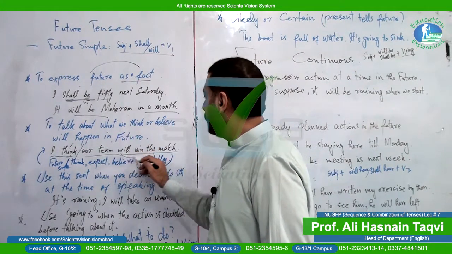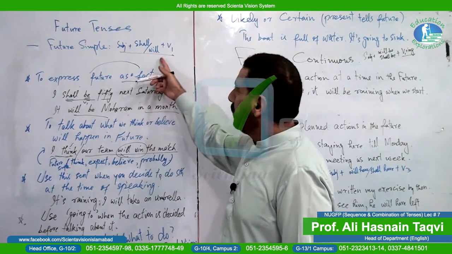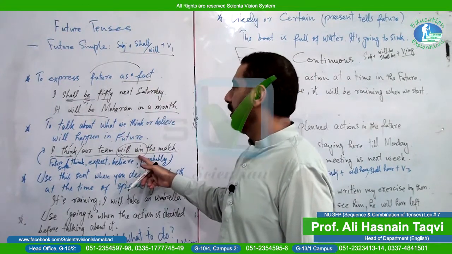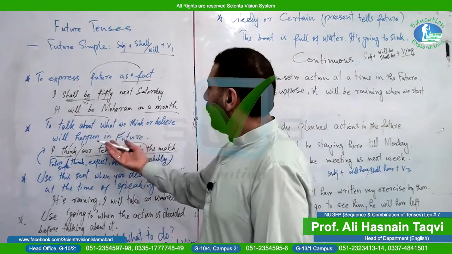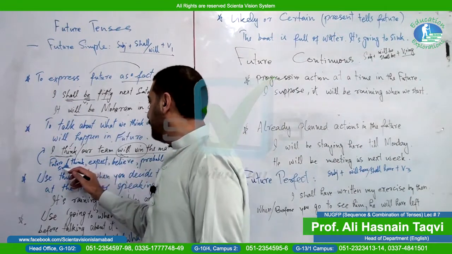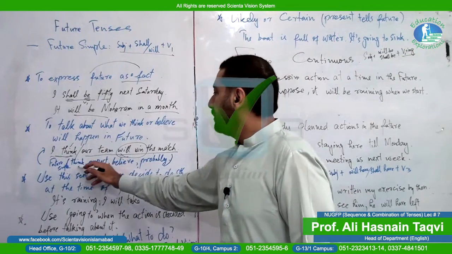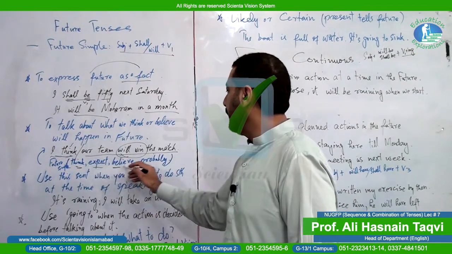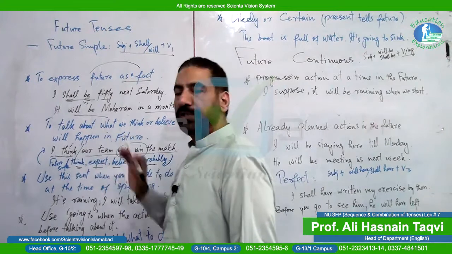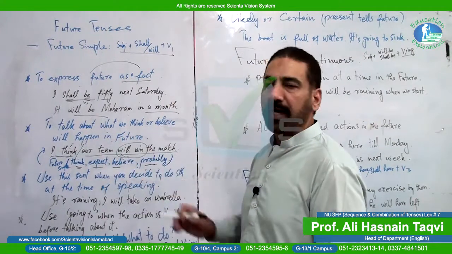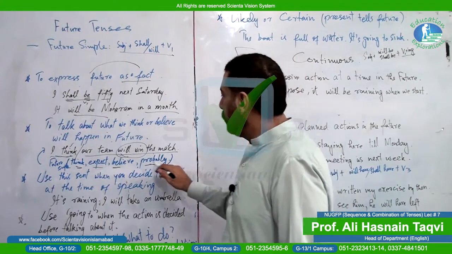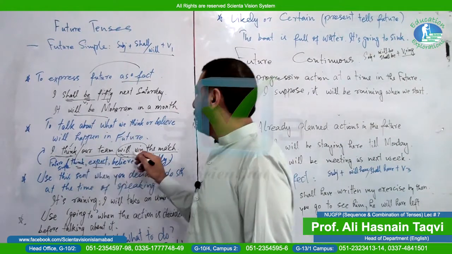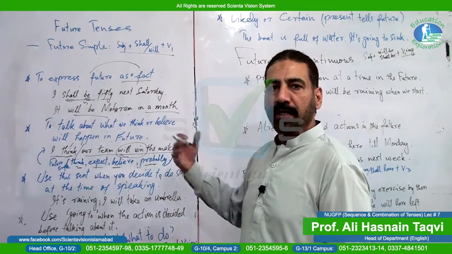What you are doing is implying the structure of future simple. Our team will win the match. Now, see this one. These words, as I told you, they require use in present simple. I think, I expect, I believe, probably our team will win. Whenever you employ any of these words, your next tense has to be future simple.